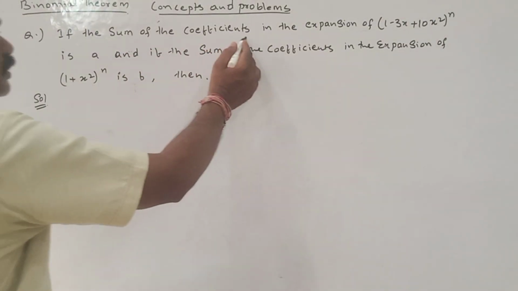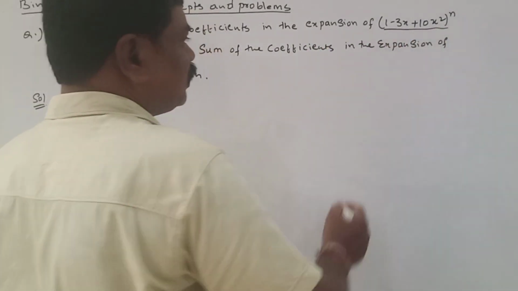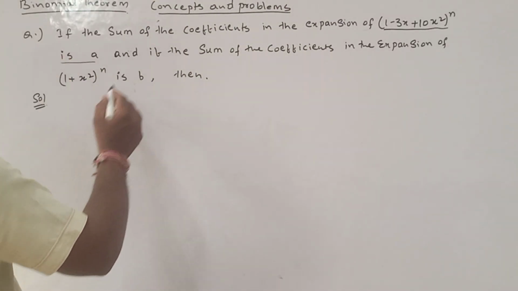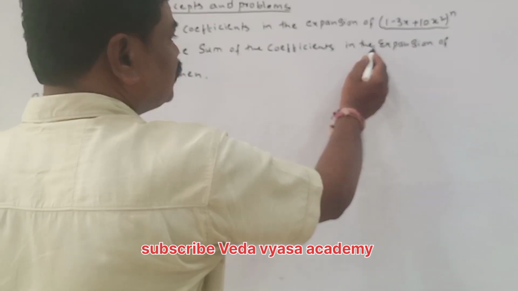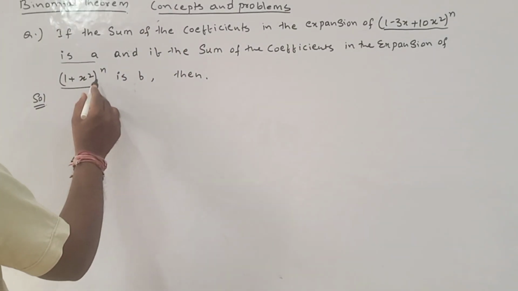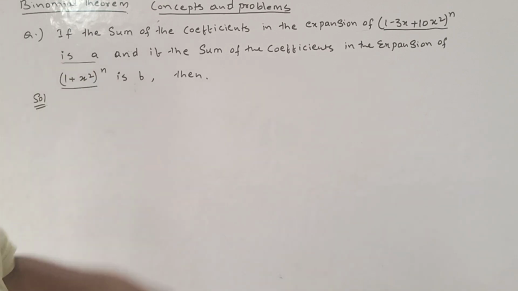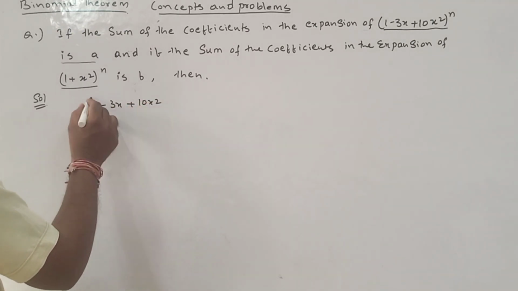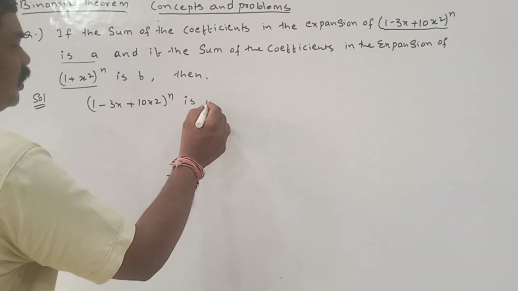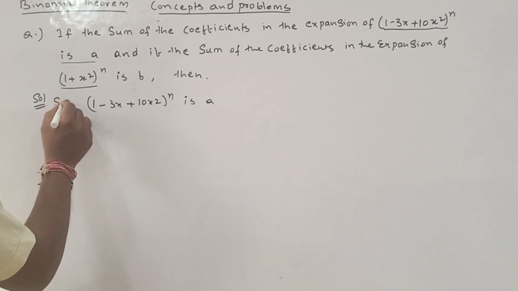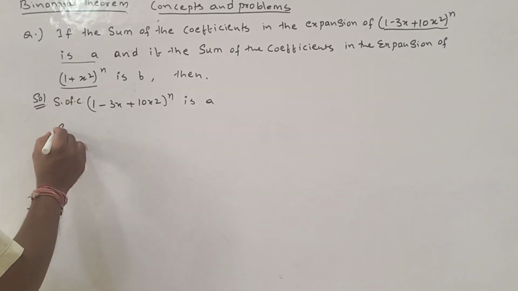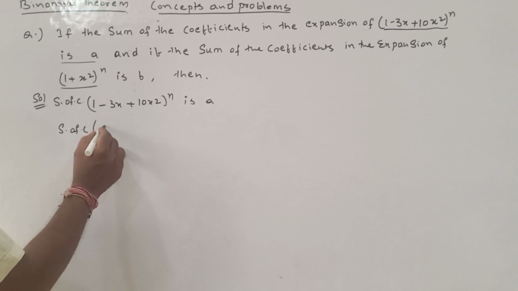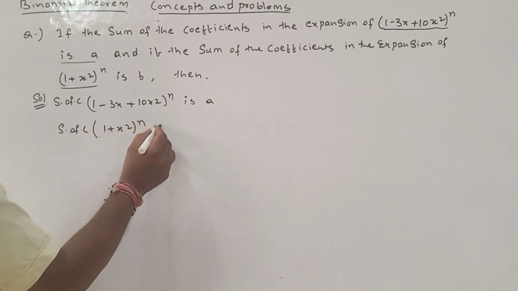If the sum of the coefficients in the expansion of (1 minus 3x plus 10x square) whole power n is a, and if the sum of the coefficients in the expansion of (1 plus x square) whole power n is b, then the sum of the coefficients in (1 minus 3x plus 10x square) whole power n is a, and in (1 plus x square) whole power n is b.